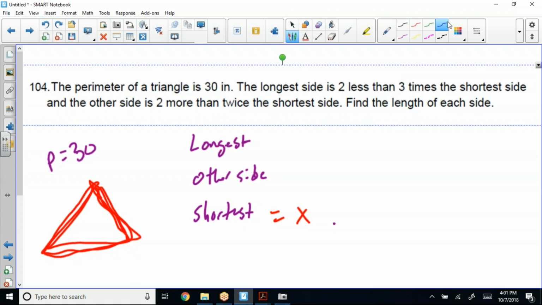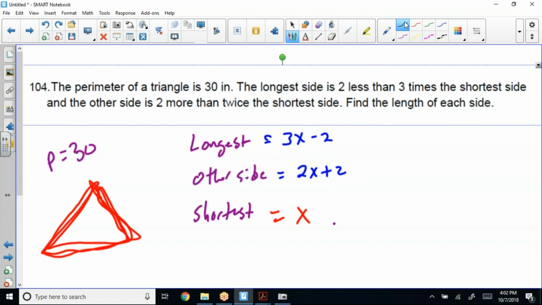And once we notate that, it gives us the ability to write relationships back to the shortest side. So if it's 2 less than 3 times, then that's 3x minus 2. And then the other side is 2 more than twice that, so that'd be 2x plus 2.